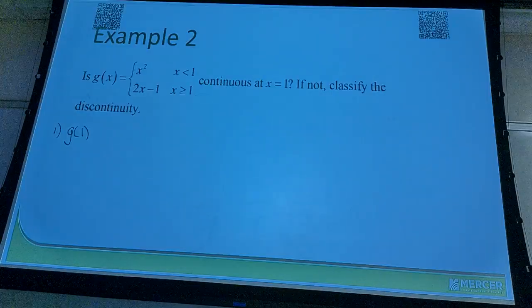G of 1, is it defined? Yes. What is it? 1. Check to see if the limit exists.